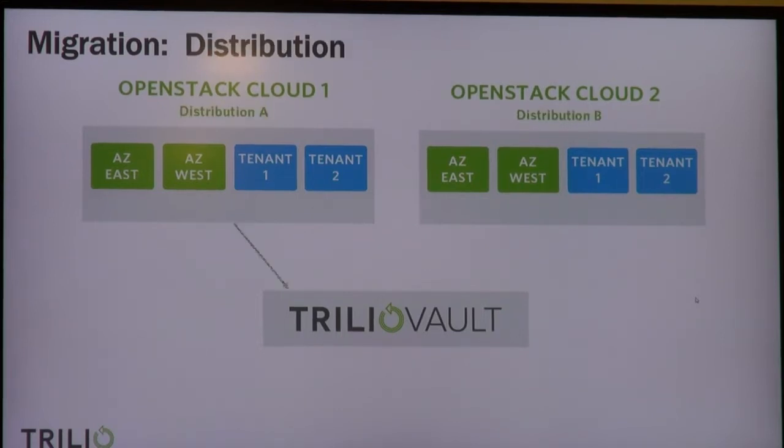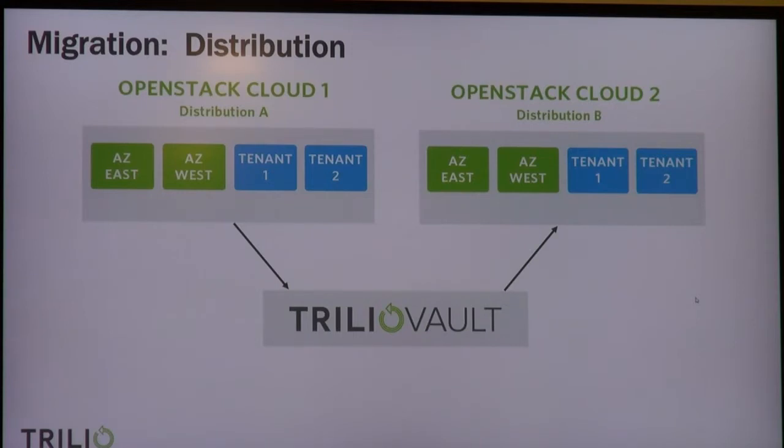Or you can migrate between OpenStack distributions. As long as your backup is coming from a supported OpenStack and is going to a supported OpenStack, and the backup is created with Trilio and Trilio is used for the restore, you can always recover and migrate your workloads with Trilio.